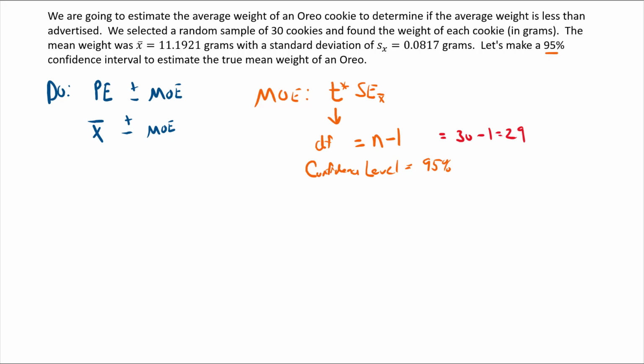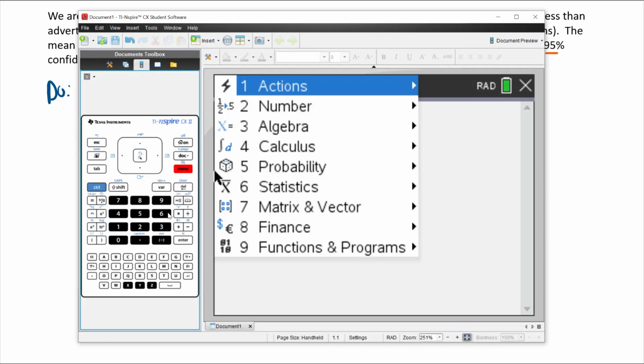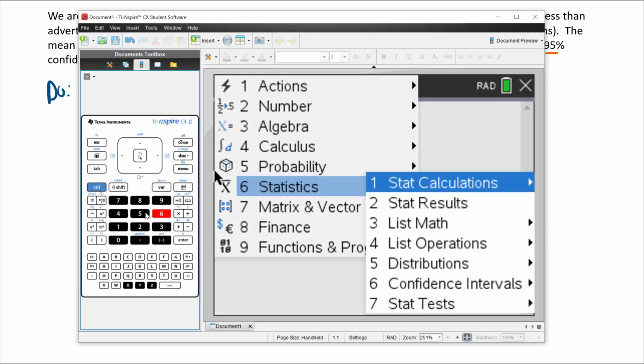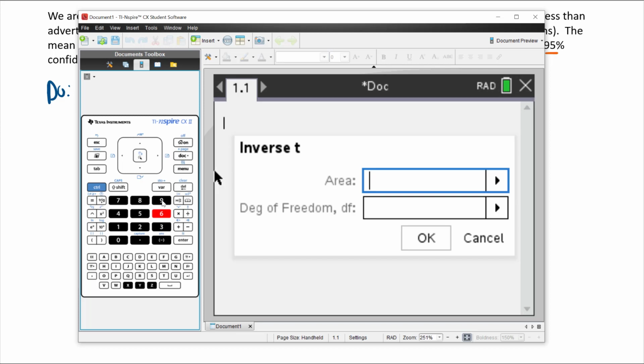To do this, if you have a TI Inspire, to find your t star, you're going to go to menu, 6, 5, 6. Let's see what that looks like. So we have a TI Inspire. You can simply go in here, menu, and we're going to go 6 statistics, 5 distributions, and 6 for inverse t. Now it wants to know area and degrees of freedom.